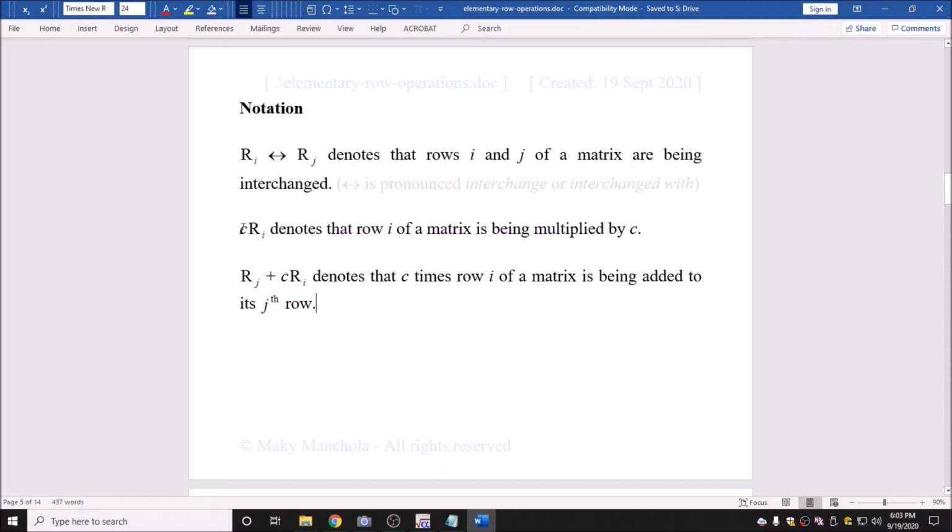When we write cRi, that denotes that row i of a matrix is being multiplied by the constant c, or by c simply. Rj plus cRi denotes that c times row i of a matrix is being added to its jth row.